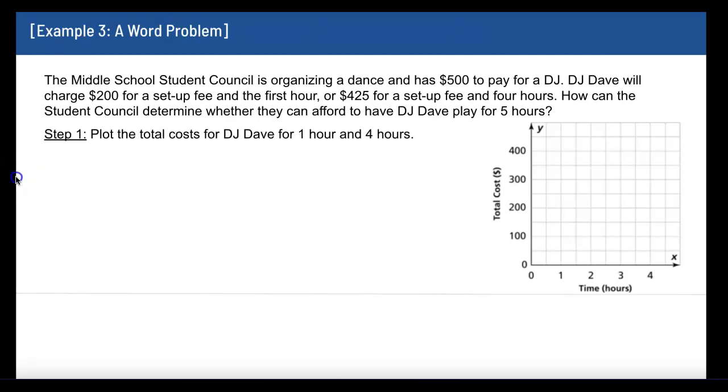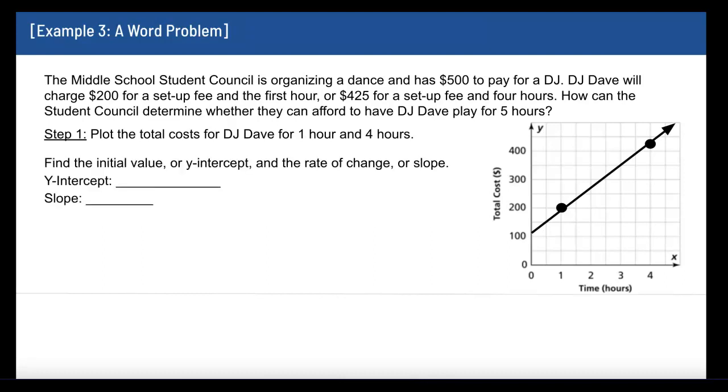So, step 1. Plot the total costs for DJ Dave for 1 hour and 4 hours. So at 1 hour, he will do it for $200, and at 4 hours for $425. So these are the 2 points on the graph. We draw a line to connect those points, showing the relationship between time and cost.